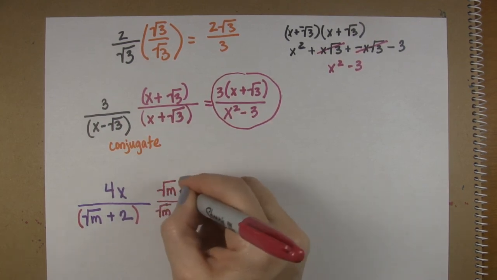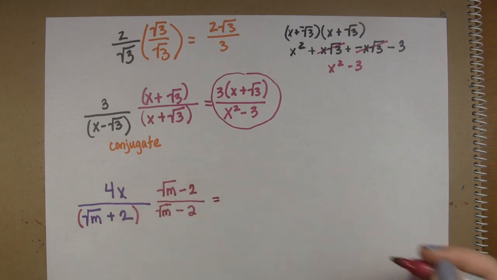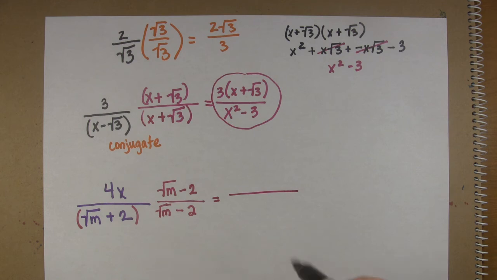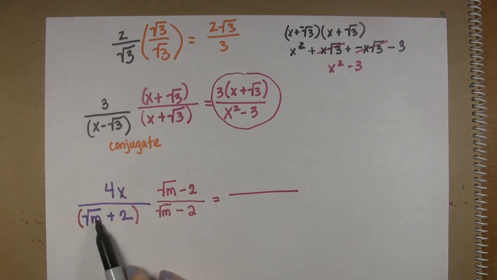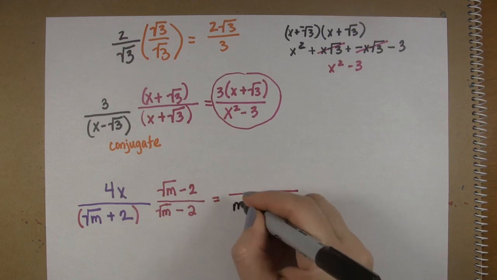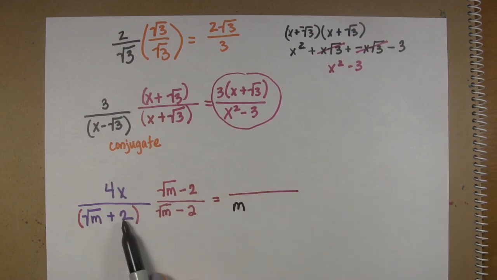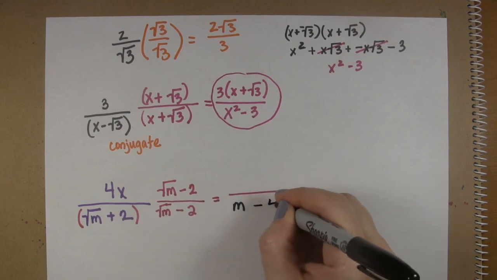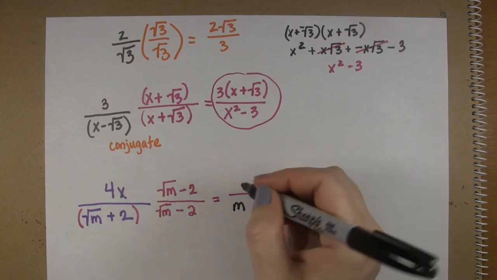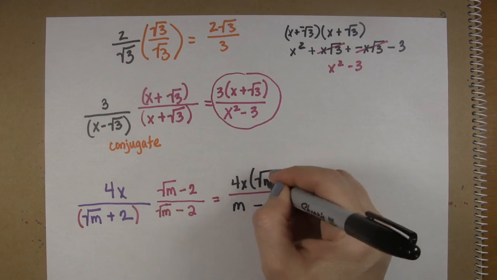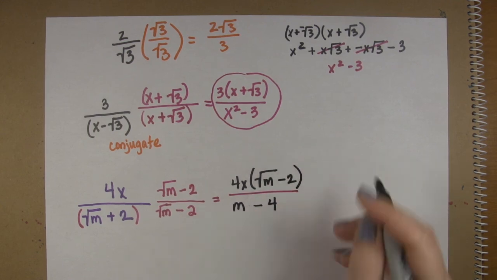So then, what do we get? Well, I'll tell you what we get. The square root of m times the square root of m is going to give you m, and 2 times negative 2 is going to give you negative 4. That's what you're going to get here on the bottom. 4x times root m minus 2 on the top.